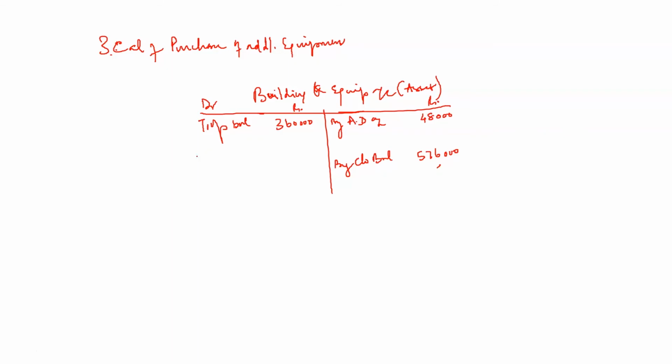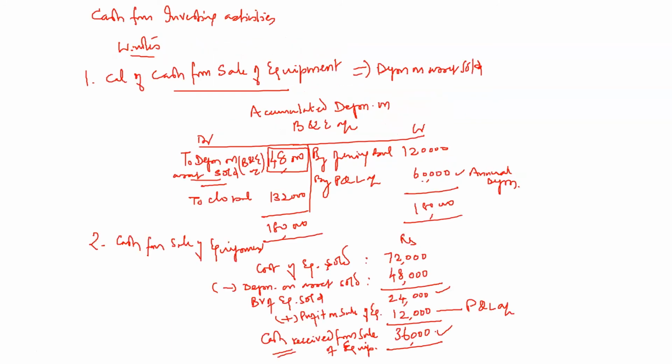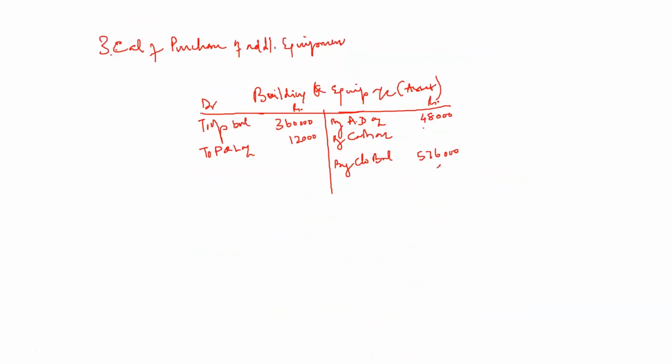Then the profit made on sale of equipment should be credited in the building and equipment account and debited to the P&L account, which is 12,000. By cash account, cash received from sale of equipment is 36,000.